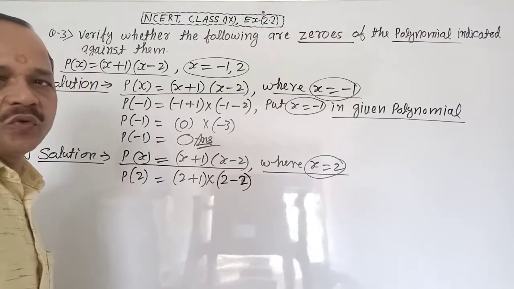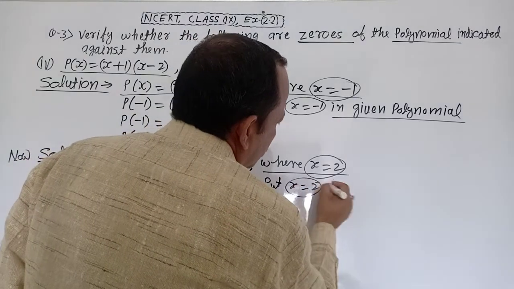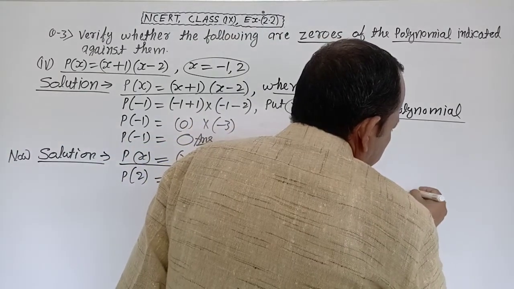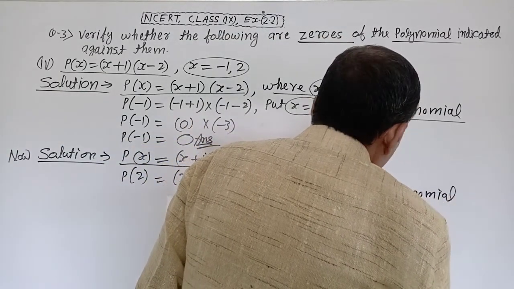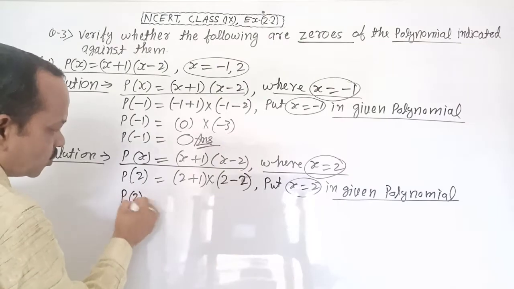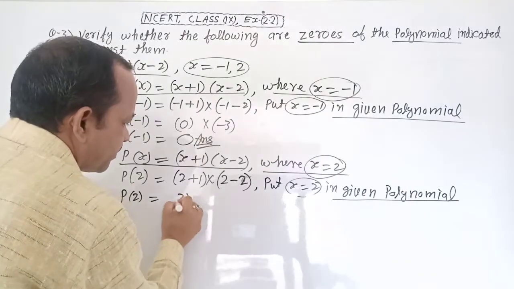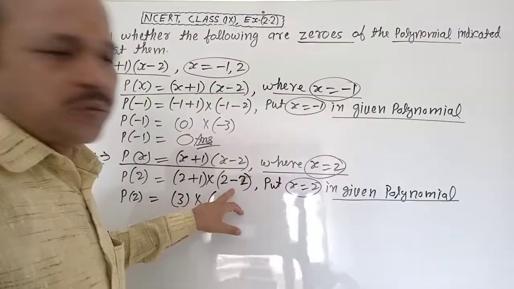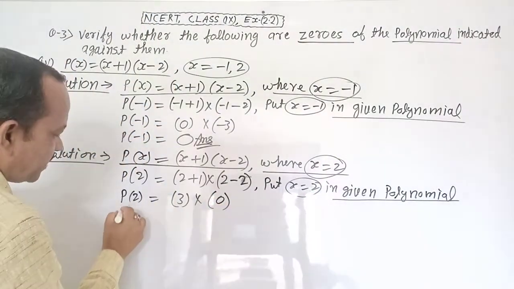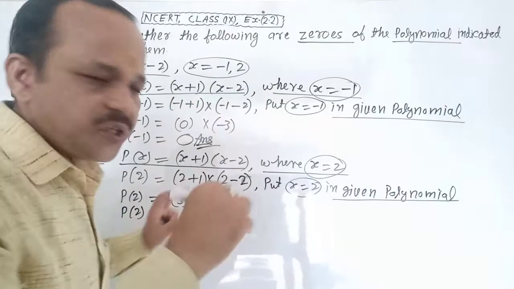Put x equals 2 in the given polynomial. Is it clear? It becomes p(2) equals 2 plus 1 becomes 3, multiplied by 2 minus 2 becomes 0. Now p(2) equals 3 multiplied by 0 becomes 0.